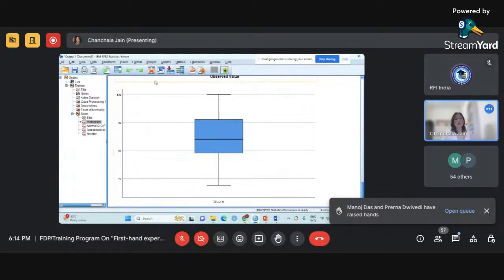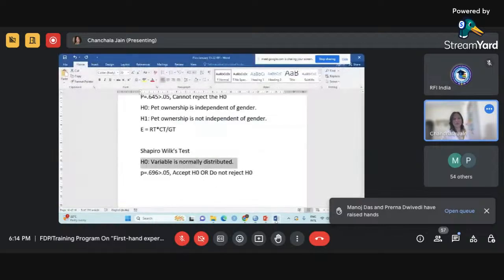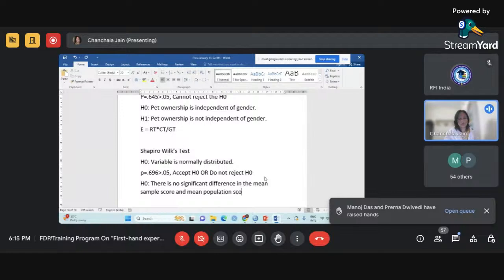So now we will go to perform the one sample t-test, but first I'm writing the hypothesis. There is no significant difference in the mean sample score and mean population score, right?